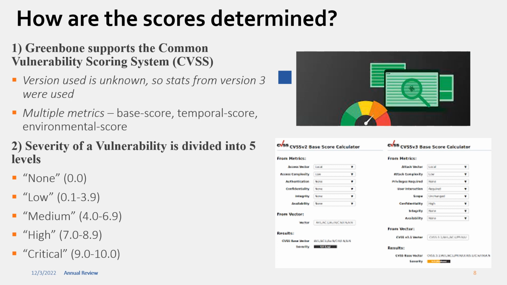So from the version 3 of Greenbone, the scores are determined by multiple metrics, such as base score, which is like the baseline, the standards, the functionality, the operations of the systems. Then there's a temporal score, scores based on properties of the systems that were time dependent. And finally, the environmental score.